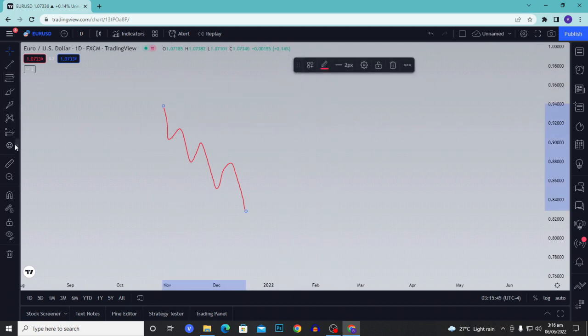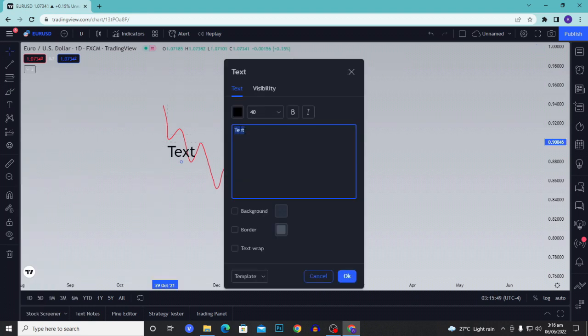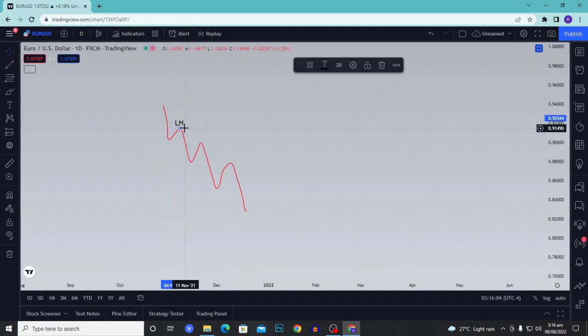Let me just mark this down. See your lower highs.